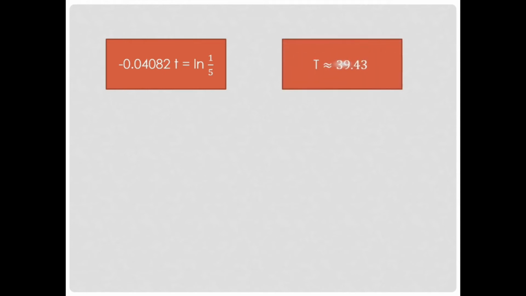Okay, we get negative 0.0408t equals ln 1/5. So the value of t is approximately 39.53.